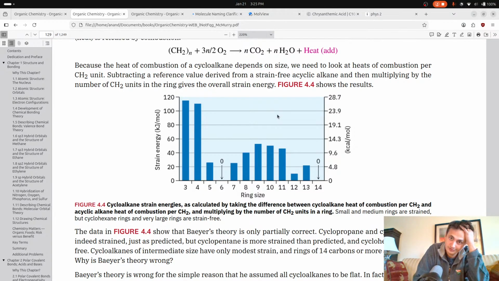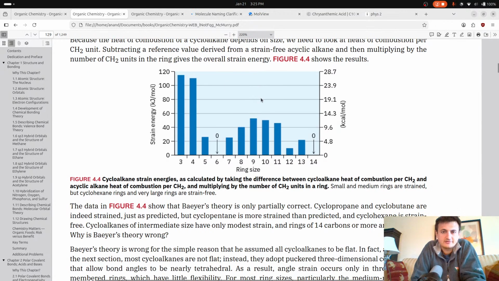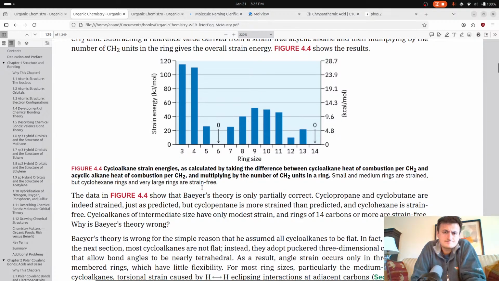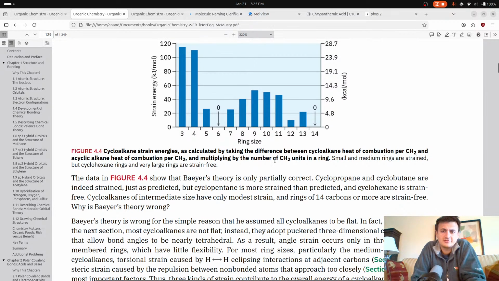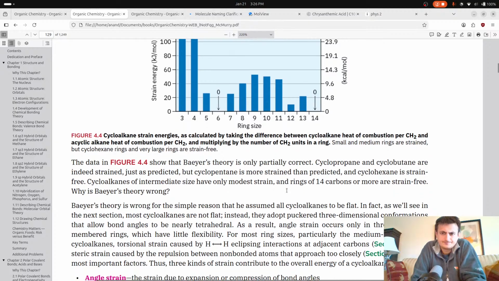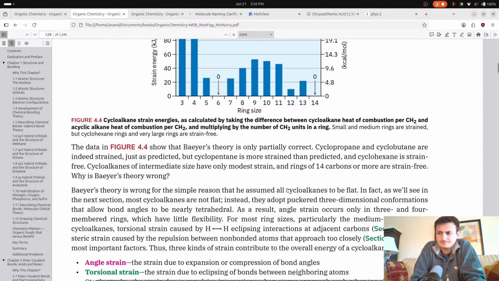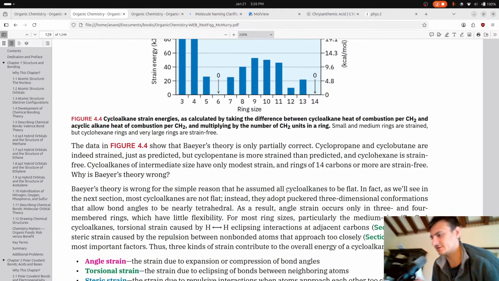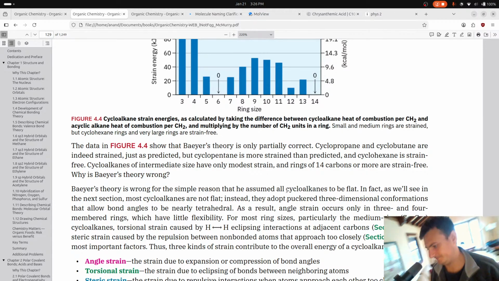Oh, yeah. So you use a strain-free acyclic alkane. Okay. Why is 6 and 14 zero? I'm gonna move back over. I think this is gonna work. It's more comfortable over here.